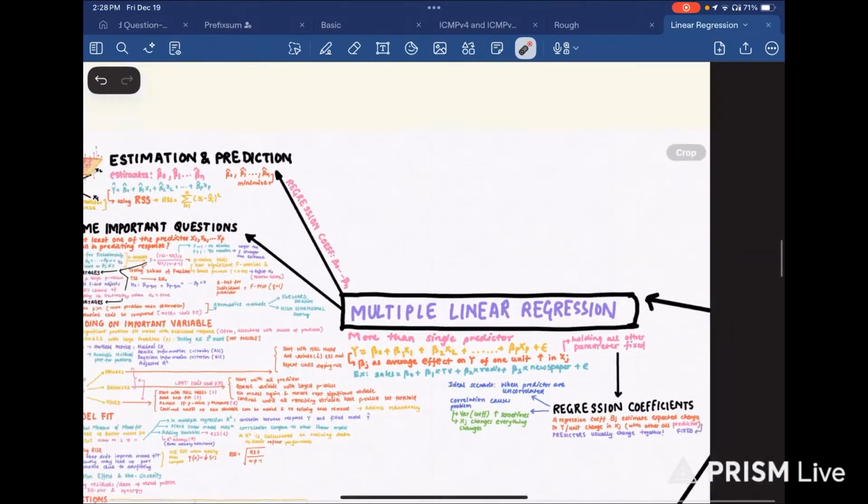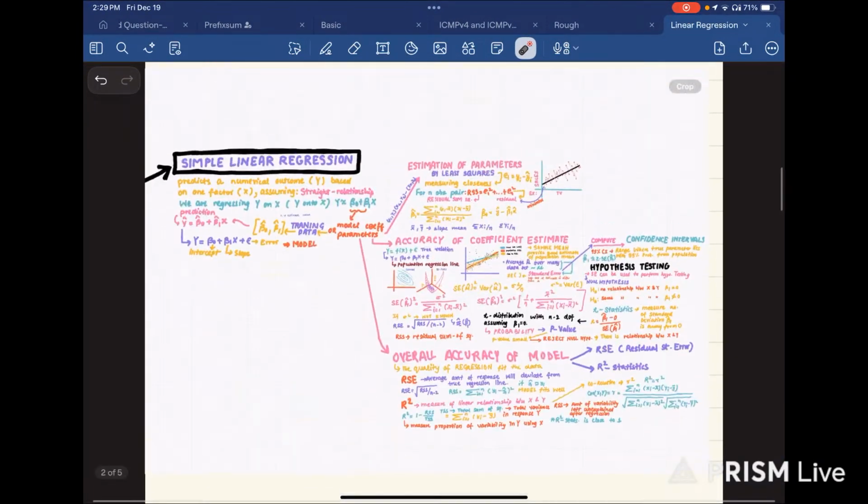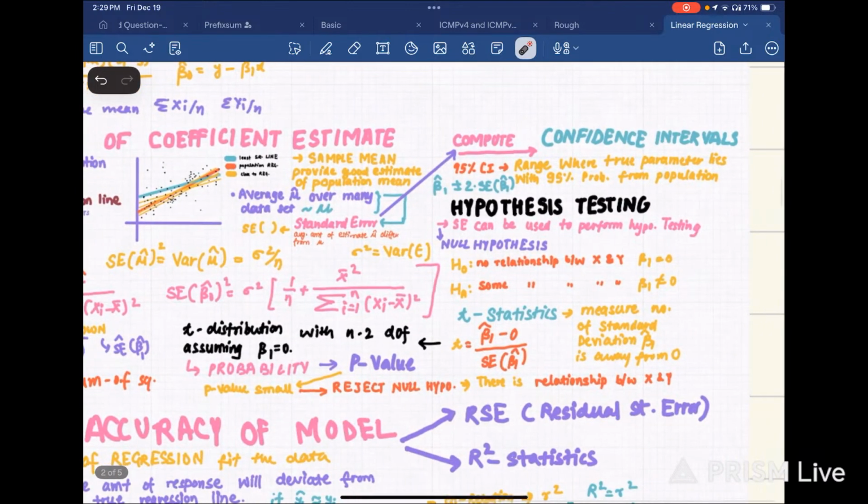So what we have to see here is the part we have left. In a simple way, what we are doing here is coefficient estimation.